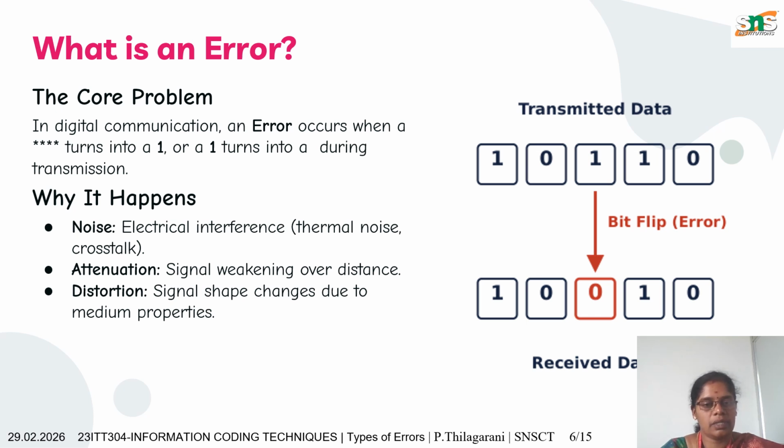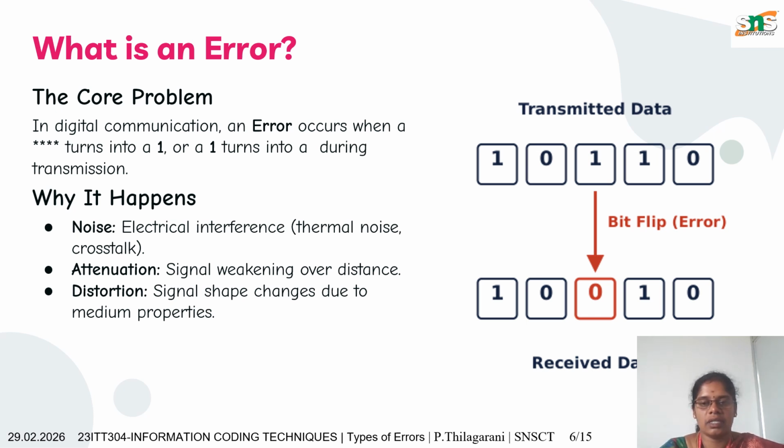Why does it happen? Because of noise, such as electrical interference, thermal noise or crosstalk. Attenuation is signal weakening over distance. Distortion is signal shape changing due to medium properties.